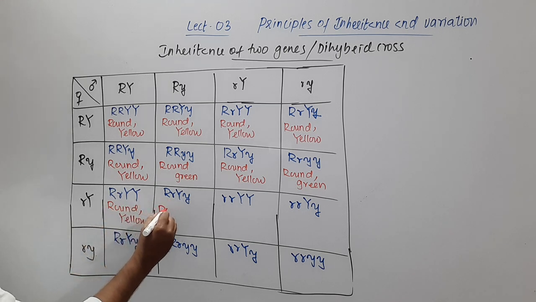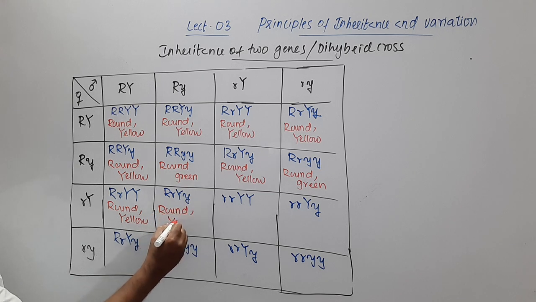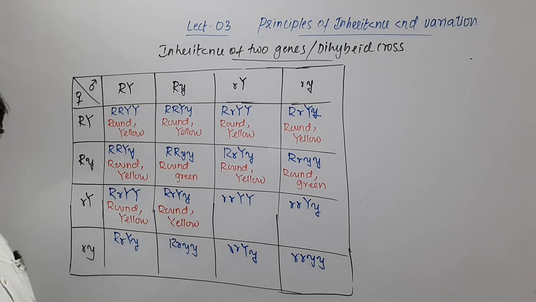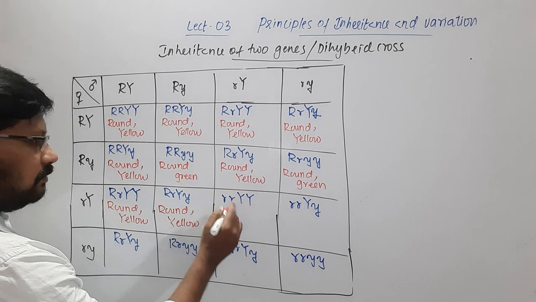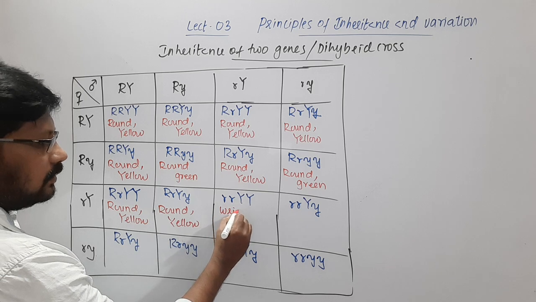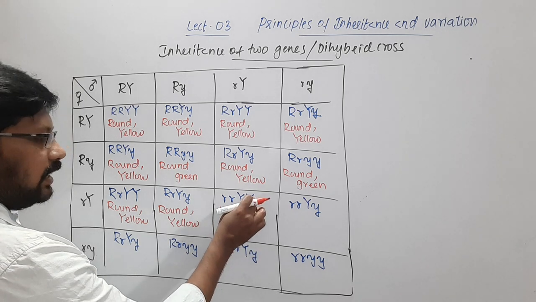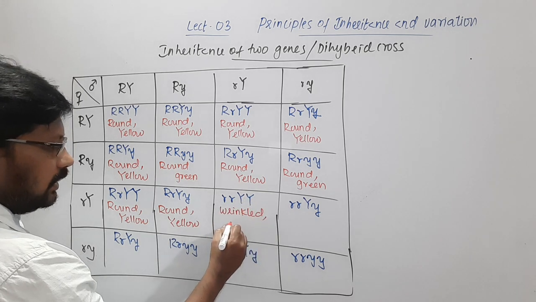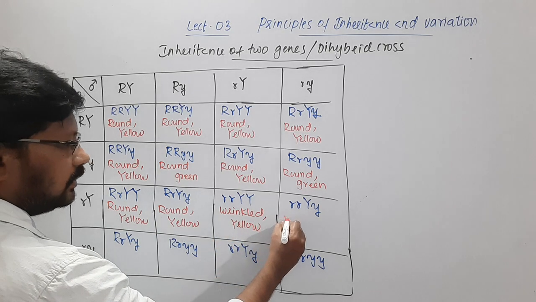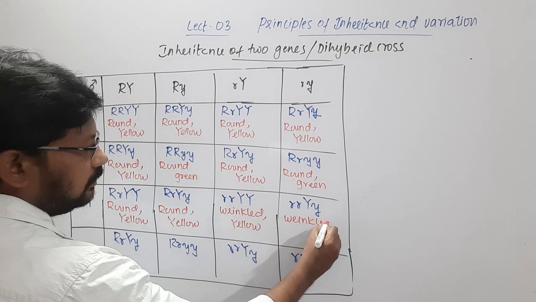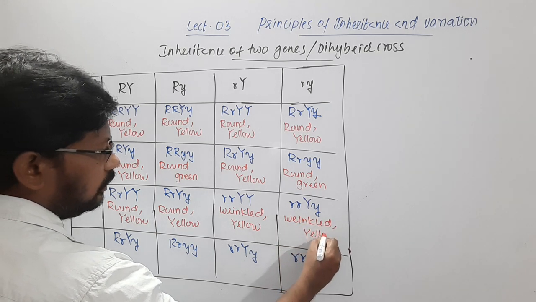The next one is again round yellow. And here we can see both are small r's, it means it is wrinkled. It is wrinkled, and we can see capital Y, so hence it is wrinkled yellow. And in this case also we get wrinkled yellow.